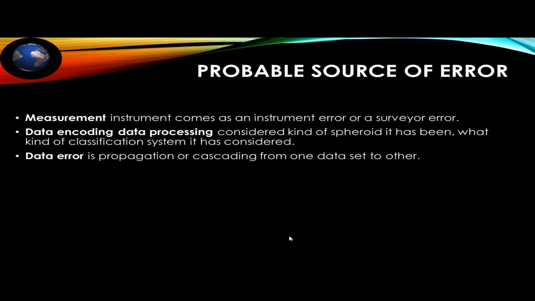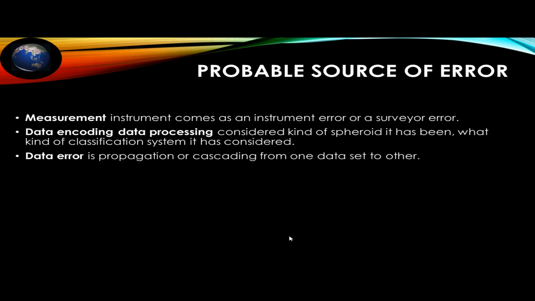Data encoding and data processing are considered on the geographic surface, a spheroid, and what kind of classification it has depends mostly upon the projection system, from 3D to 2D, as I told in my last class.